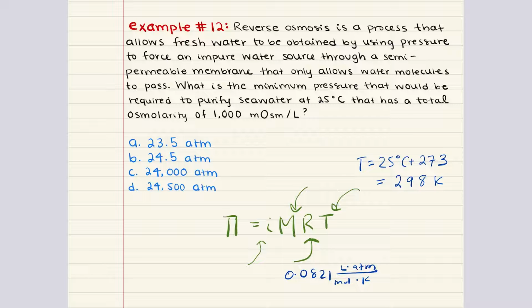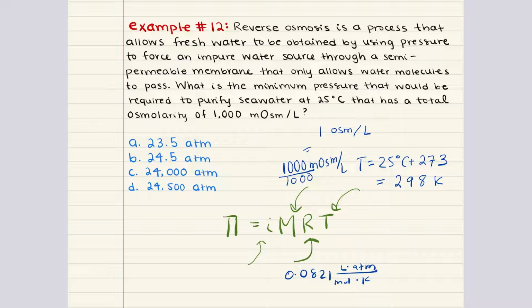Osmolarity, this is given to us. It's 1,000 milliosmoles per liter. And we can actually convert this to just osmoles per liter by dividing by 1,000. And that's actually going to give us 1 osmole per liter.